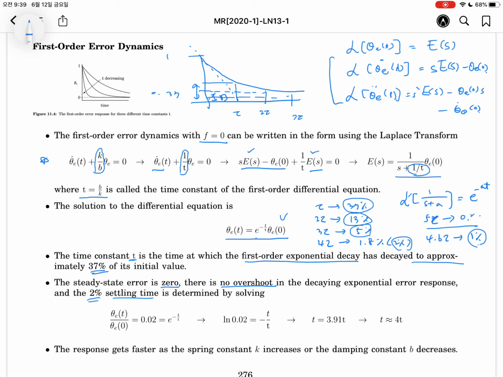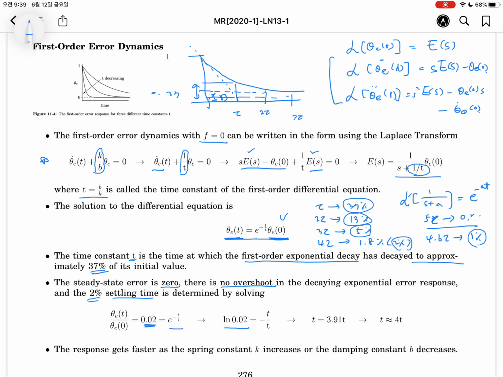Okay, and the 2% settling time. I already derived it. Let's assume 2%. The initial condition is 1. This is 0.02, so it is 0.02 equals e to the minus t over tau. Let's take the natural logarithm of both sides.